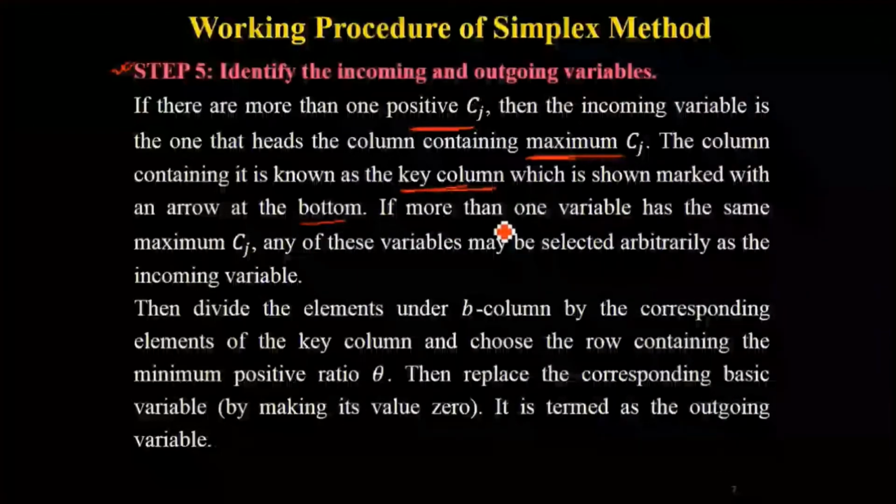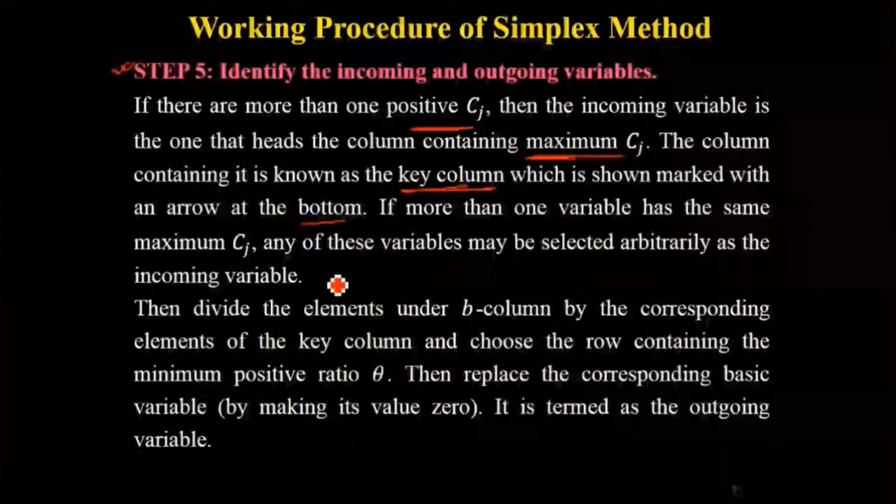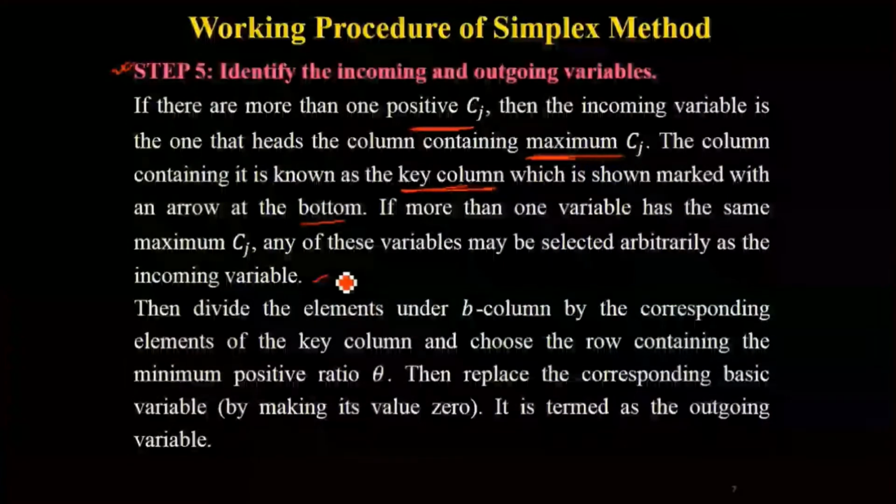If more than one variable has the same maximum Cj, then any of these variables may be selected arbitrarily as the incoming variable. But try to take the first one so that there is some uniformity.